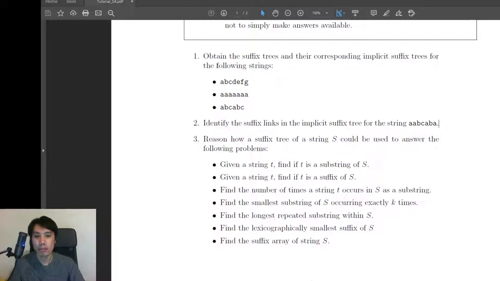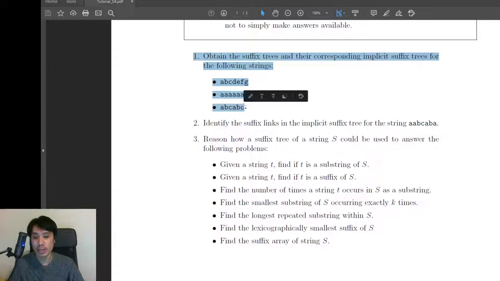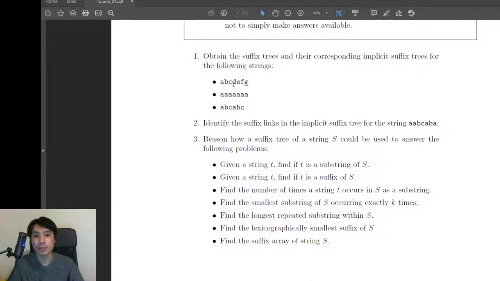Question 1 is just a very simple question. Given the following string, draw out your tree. Here it just mentions suffix trees and their corresponding implicit suffix tree. When it is implicit, it means your dollar sign doesn't exist.